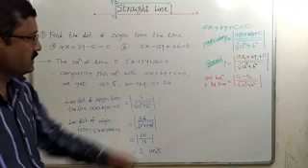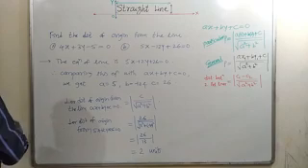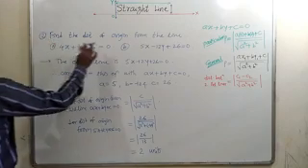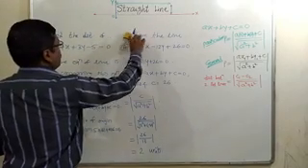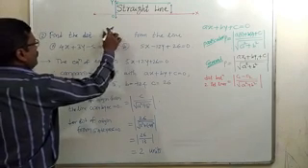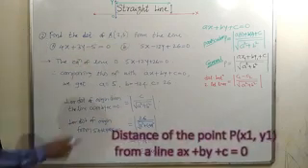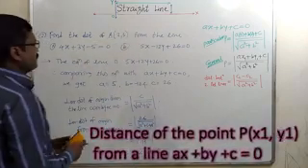Let us move towards the second. Find the distance of point A, suppose 2, 3, from this line. Let us try to find the same.